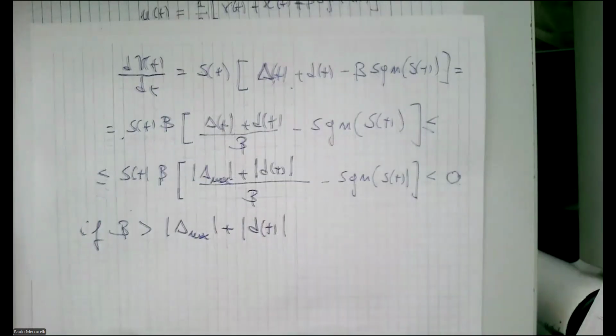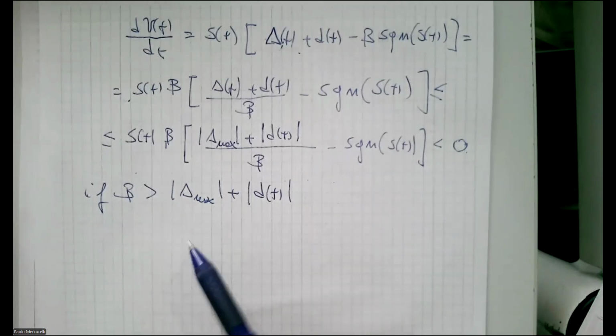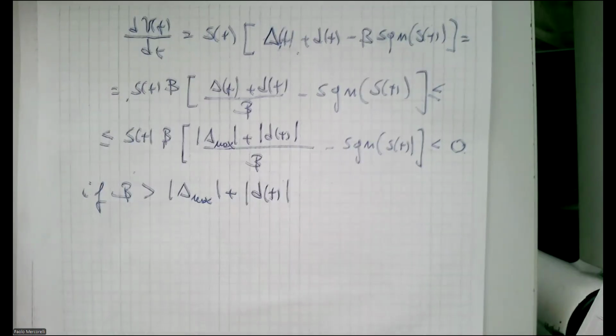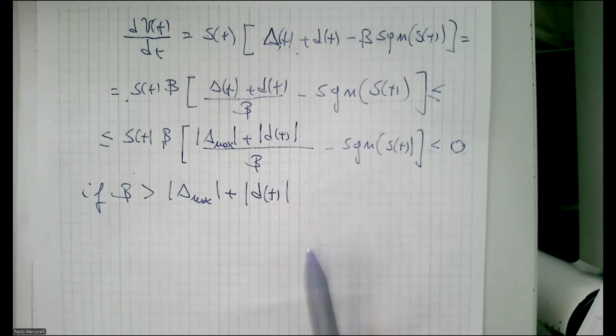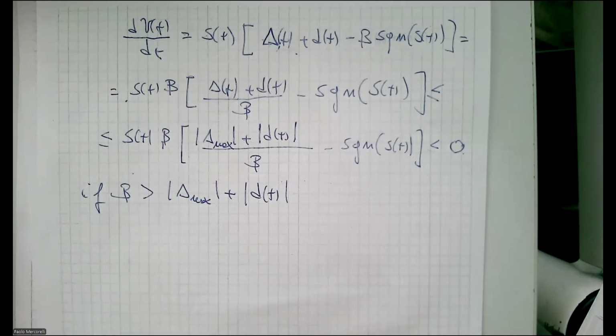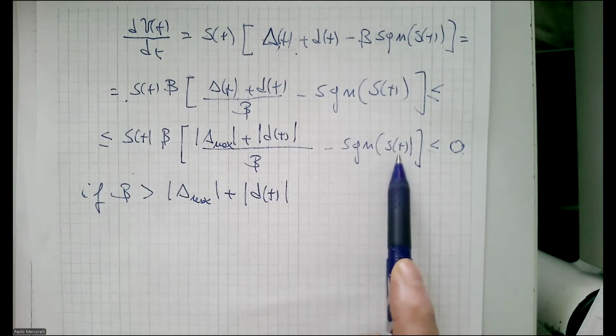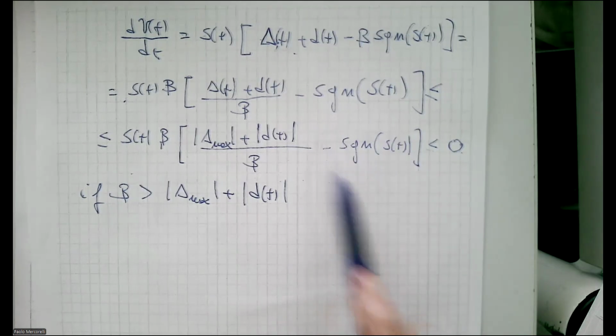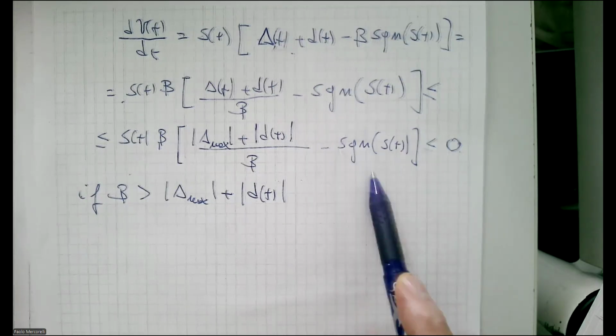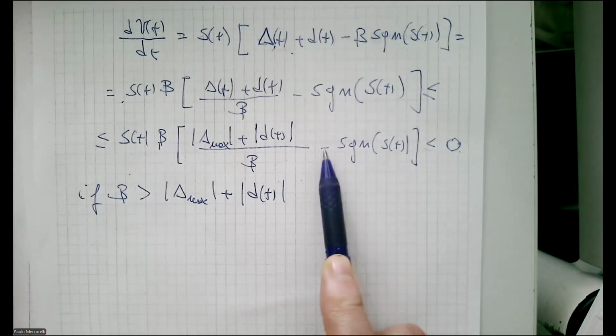Now I don't write it, but last time you can find it on YouTube, and if I find the slide, I will upload it. But it's easy. If S of t is negative, this here is -1, with minus is +1.